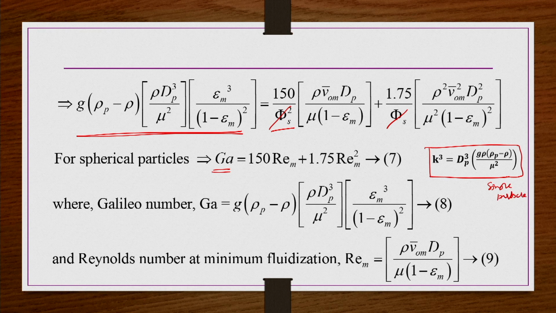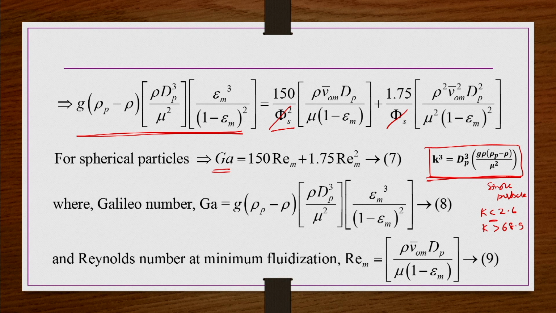If k is less than 2.6, we know this is the Stokes regime. If k is greater than 68.9, we know it as Newton's flow regime. In between it is the intermediate region, so then calculation has to be done. So, that advantage was there by finding out this k factor in the single particle case.